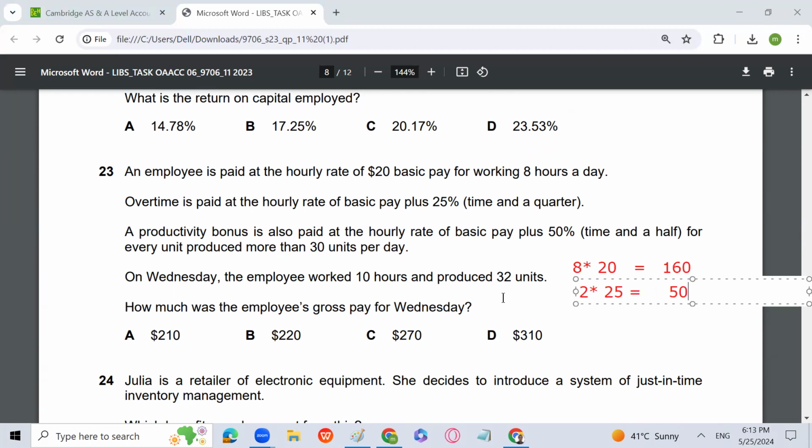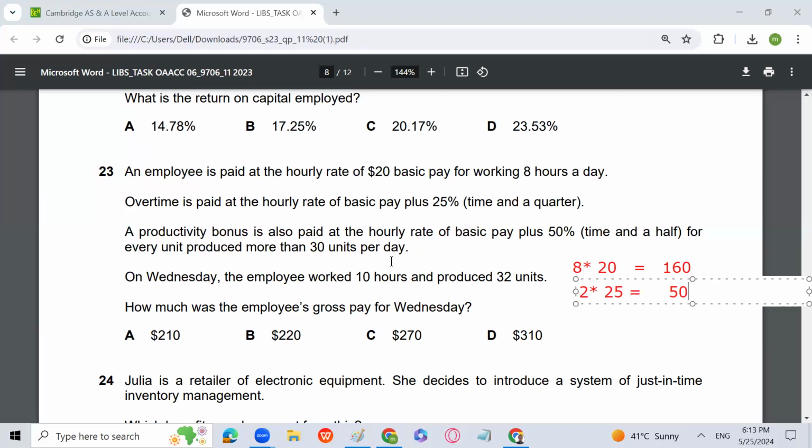And for those, because our productivity bonus is also paid at the hourly rate of basic pay plus 50% for every unit produced more than 30 units per day. So for 2 units, you will be paid basic pay, which is 20, and 50% time and a half.